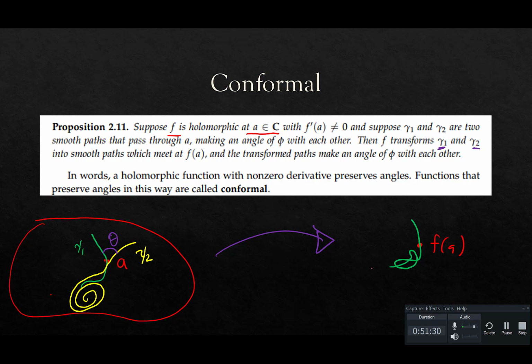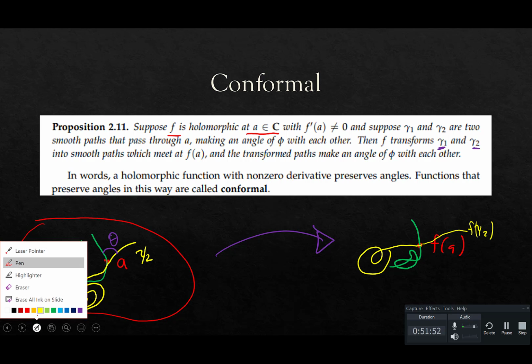And then maybe gamma 2 does something like this. So let's say this is our f of gamma 2. The green here is f of gamma 1.